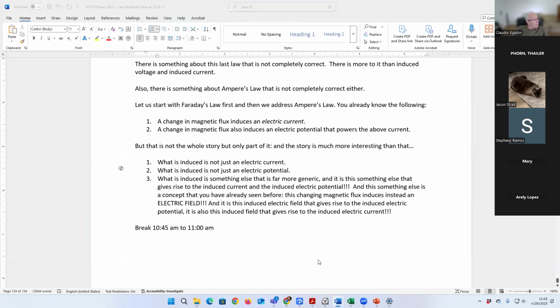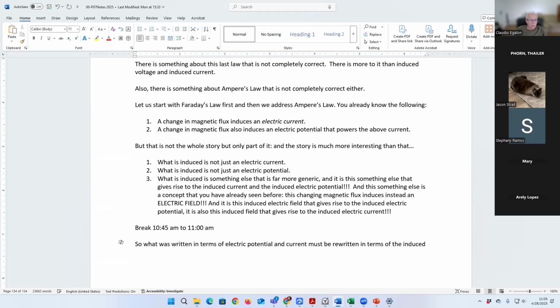So what was written in terms of voltage, of electric potential, right? Electric potential and current must be rewritten in terms of the induced electric field.